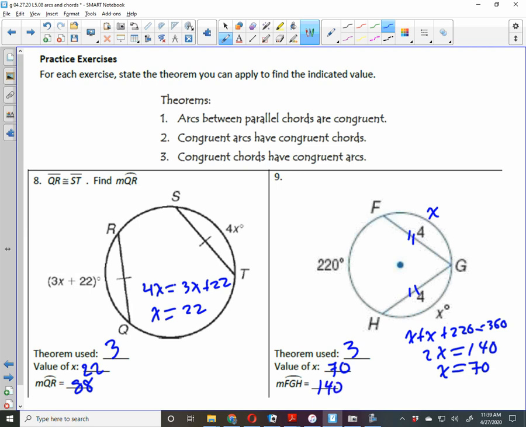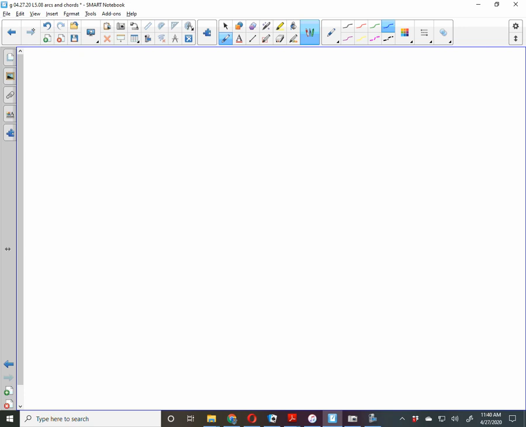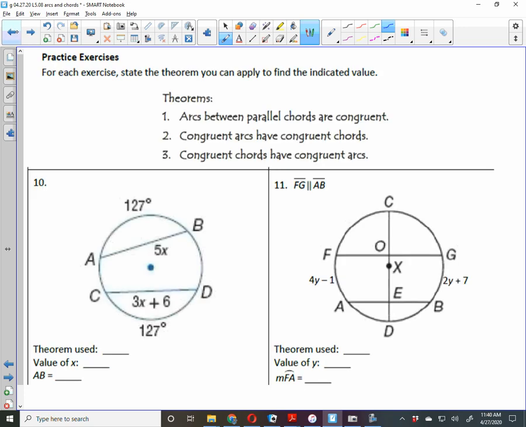Twice 70, right? Okay. In this case, we are told that the arcs are congruent, therefore the chords are congruent. That's 2. Therefore, 5x is equal to 3x plus 6. 2x equals 6. X equals 3. If x equals 3, then AB equals 15. All right, 5 times 3.